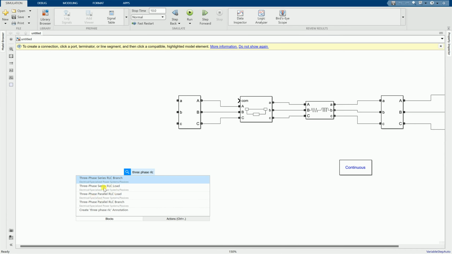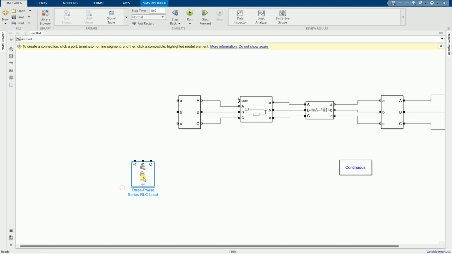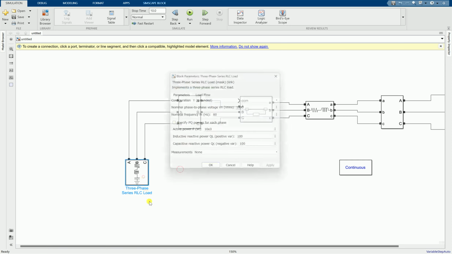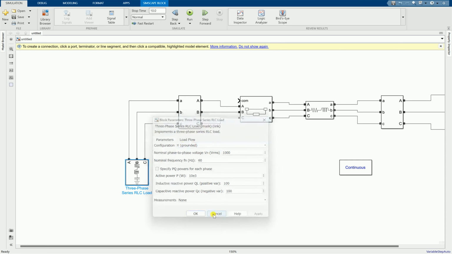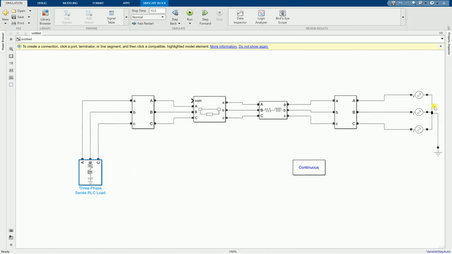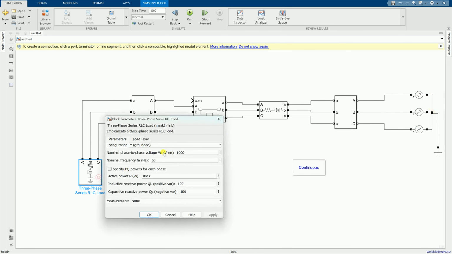So let's say series RLC load because we can add the values in kilowatt like this. Put A here, put B here, and C here. Then we will go here and first Y grounded, similar to the 3-phase Y configuration, neutral grounded. So it is Y grounded.